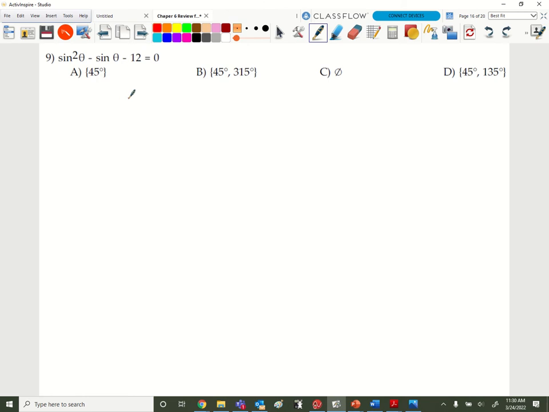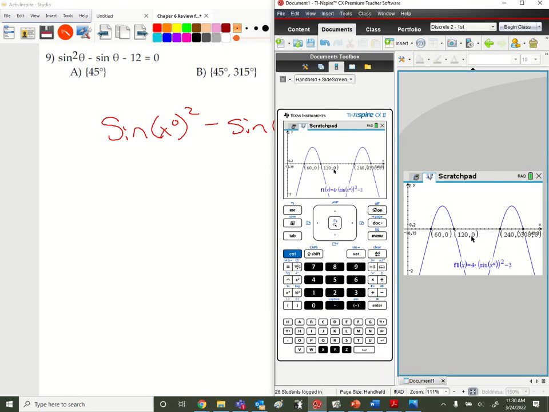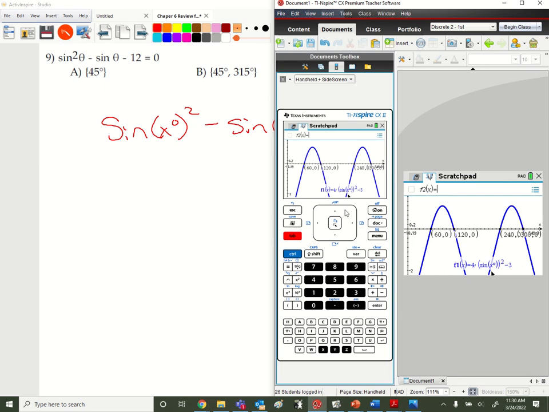Number 9. So this one's already set equal to 0, but I'm going to rewrite it so I can plug it in the calculator. So this is going to be sine of x degrees close square minus sine x degrees close minus 12 equals 0. Let's go ahead and just plug that in. So hit tab, arrow up, and watch this.